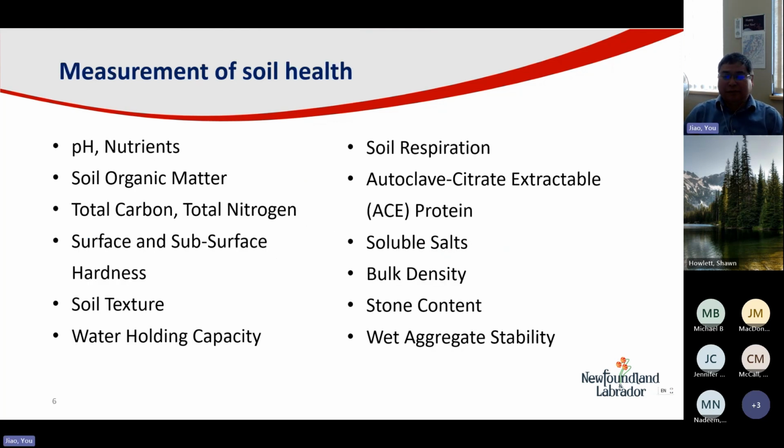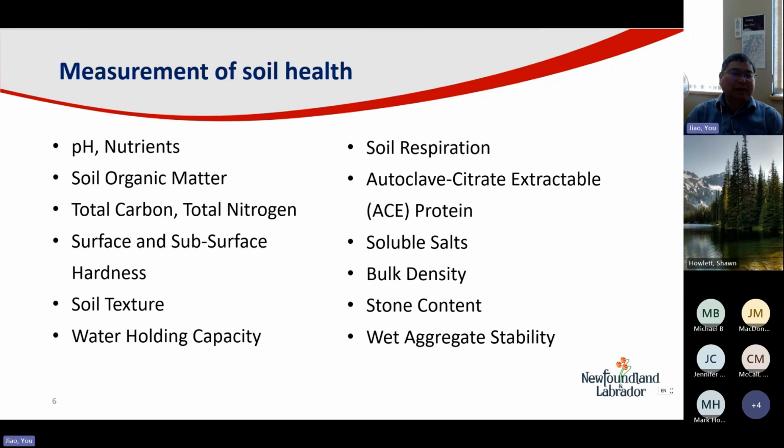The measurement of soil health. So we get a general concept. We need a healthy soil, but how do we quantify it and give these parameters? When the parameters are measured in the lab, they tell us the number range needed to be a good soil.